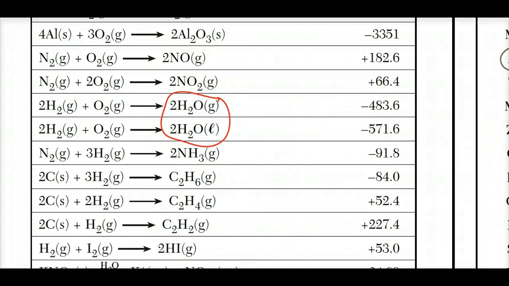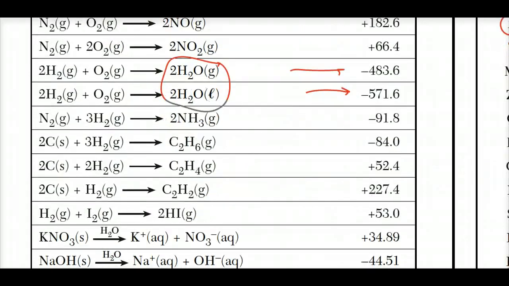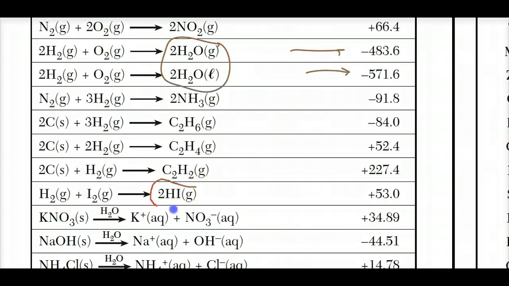Making CO2 from its elements, also exothermic. Making HI, hydrogen iodide, that is our endothermic one. I think C2H6 is exothermic.